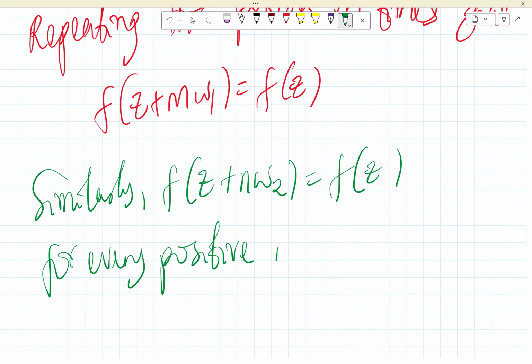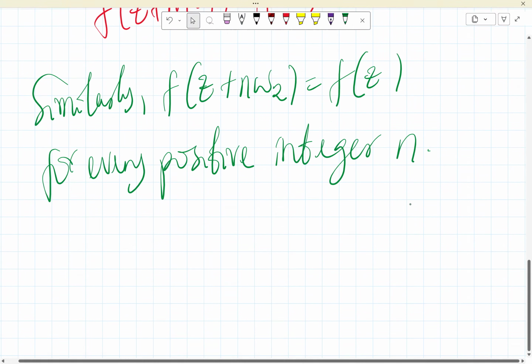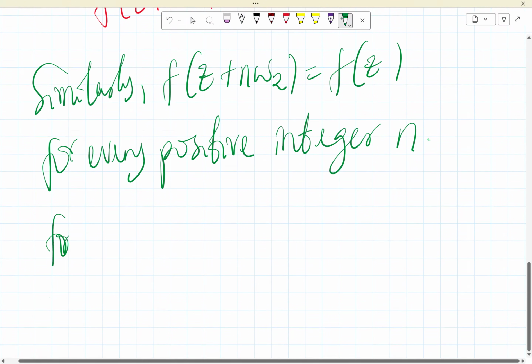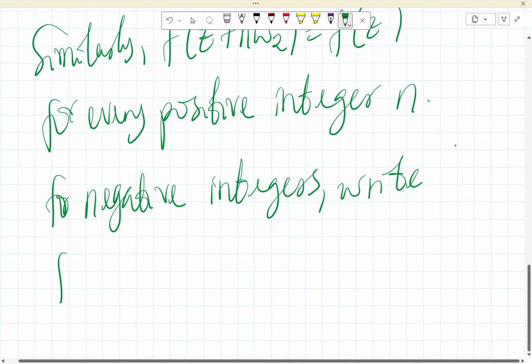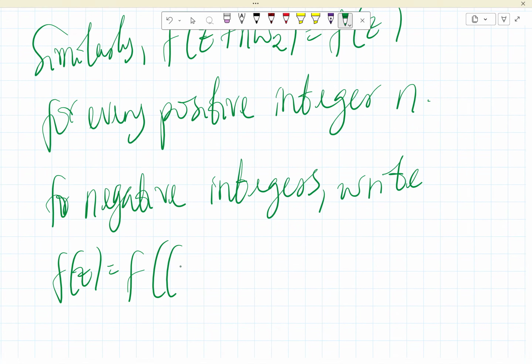Now for negative integers, f of z equals f of z minus omega 1 plus omega 1, just like the kind of thing we did before.